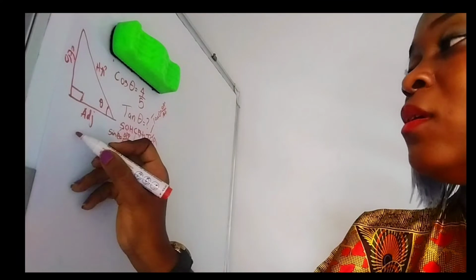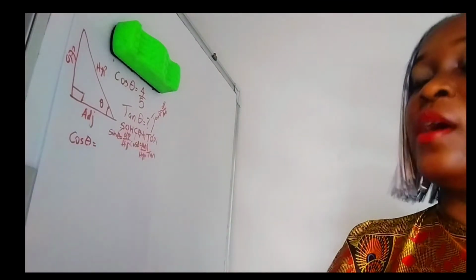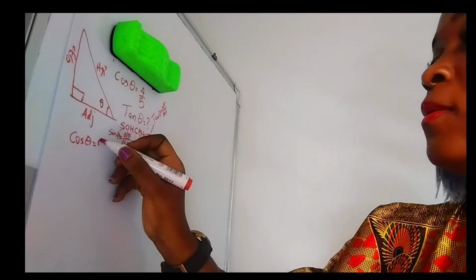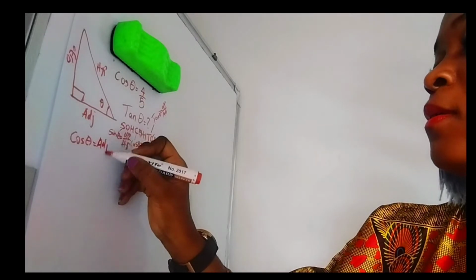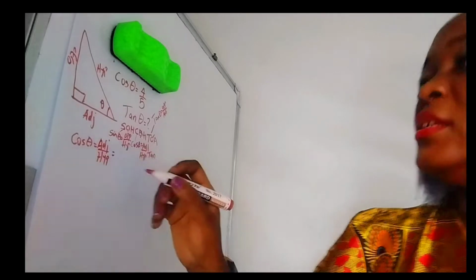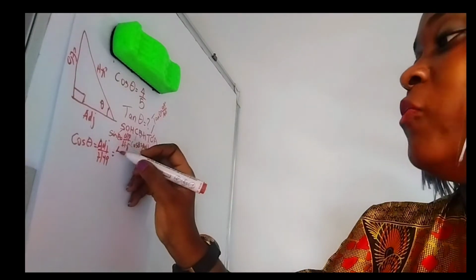So in this question, we're given cos theta. Cos theta is adjacent over hypotenuse, and according to the question it's 4/5.